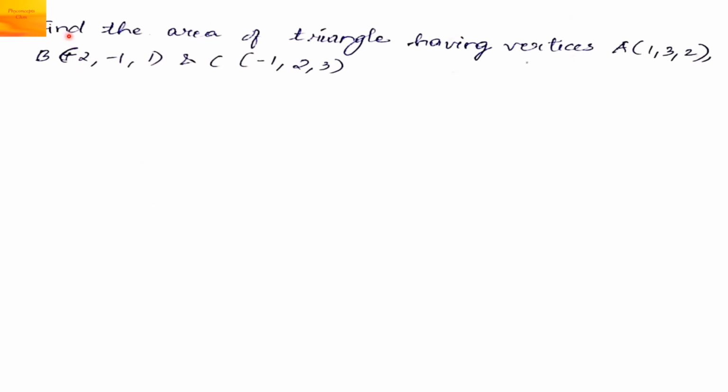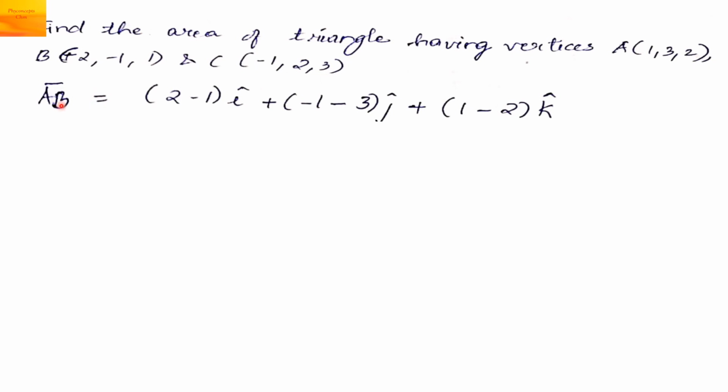Next problem is find the area of the triangle having vertices A with coordinates 1, 3, 2, for the vertex B the coordinates are 2, minus 1 and 1, and for C it is minus 1, 2, 3.